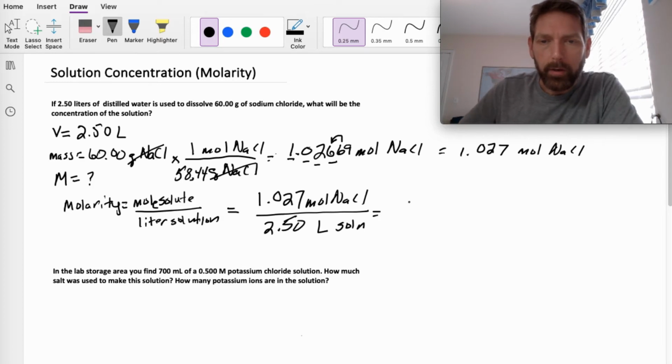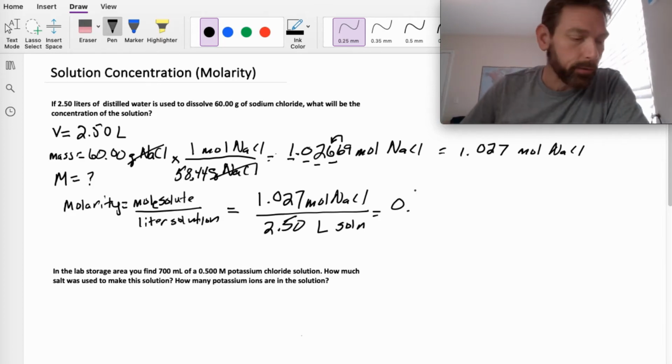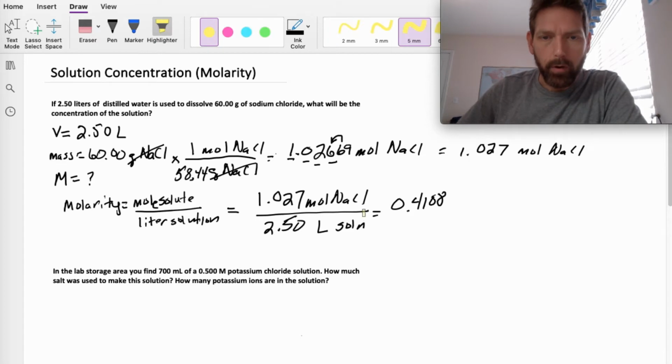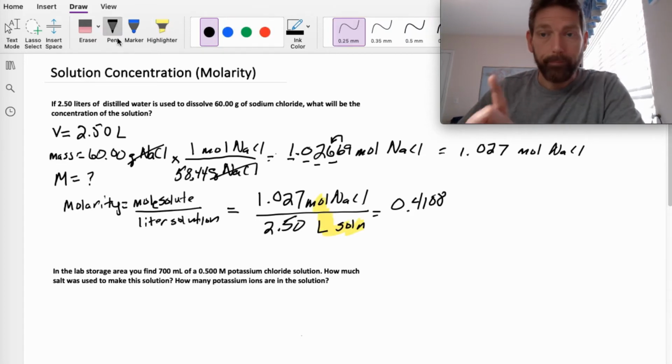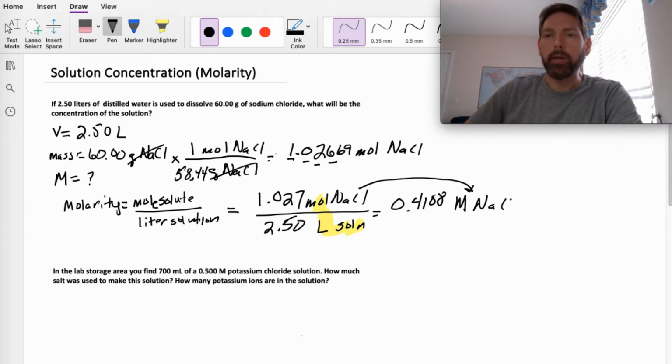So we get 0. Got to add the placeholder. We say point this, but you got to add the placeholder. 0.4108, and then remember moles per liter. Moles per liter is molarity, and then you just bring the sodium chloride unit over in a NaCl.